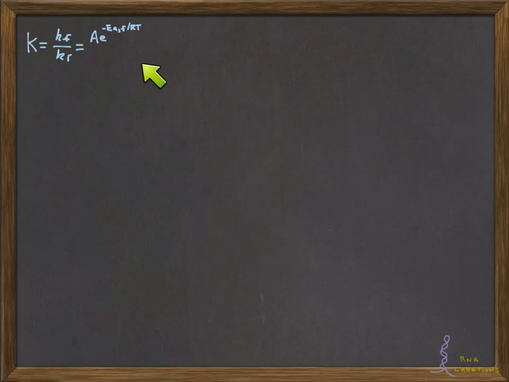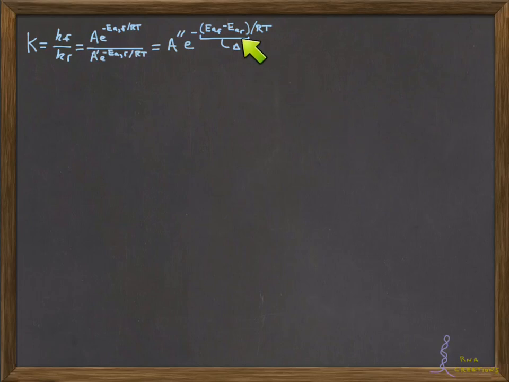First, I have here the term for k sub f, and then I went ahead and put in the term for k sub r and divide those, making a new constant from the division of two constants, as well as applying appropriate math to the exponent. We can see that K is equal to A e to the minus difference in the activation energies, which turns out to be delta H divided by RT.